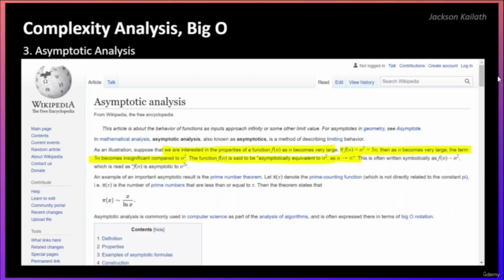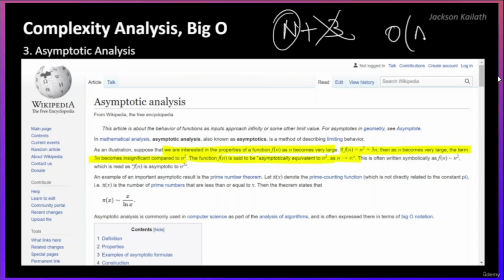The function f of n is said to be asymptotically equivalent to n square as n tends to infinity. This is the same thing that we have seen previously. Previously the function was n plus 3, and as n tends to infinity, this became insignificant, and we can say that n plus 3 is asymptotically equivalent to n, or we wrote O of n as the time complexity of that particular algorithm.